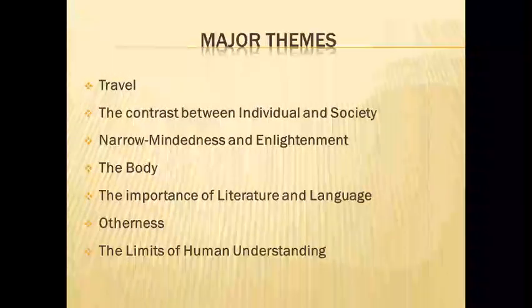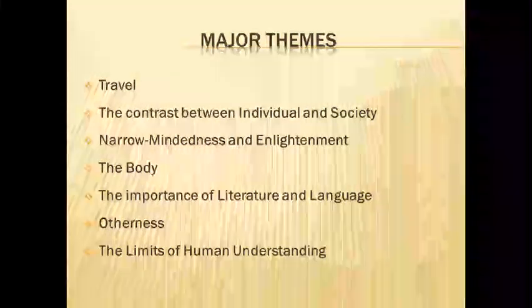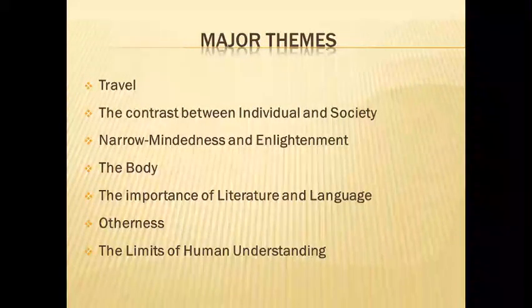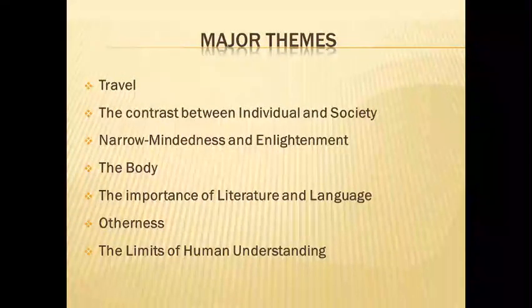Many of the peoples are conspicuously narrow-minded, such as the Lilliputians, who have wars over the correct way to cut open an egg. Even the Houyhnhnms, who are so revered by Gulliver, cannot believe there are other reasonable ways of living.